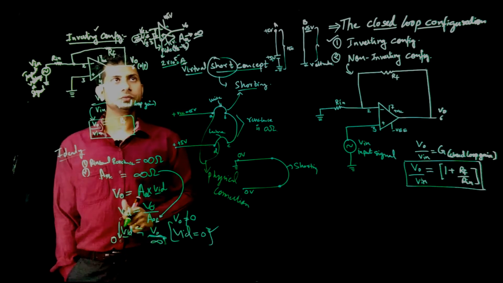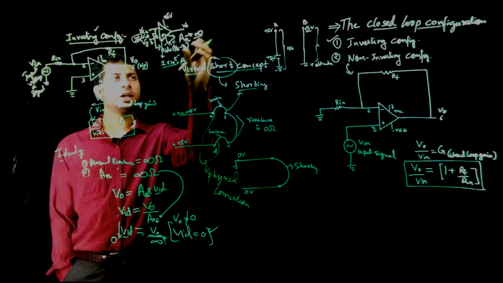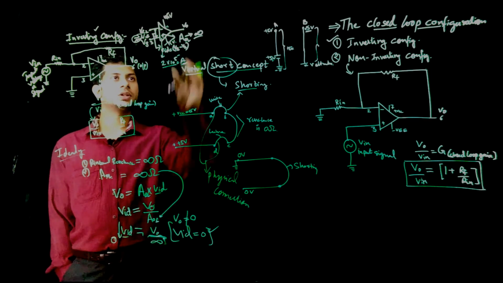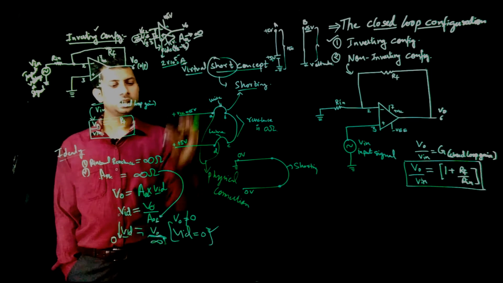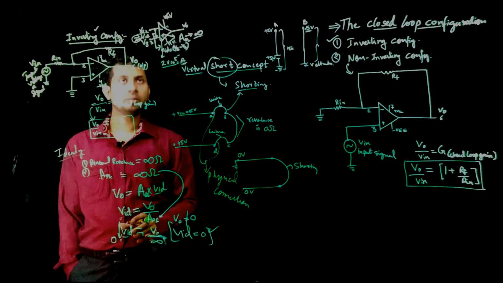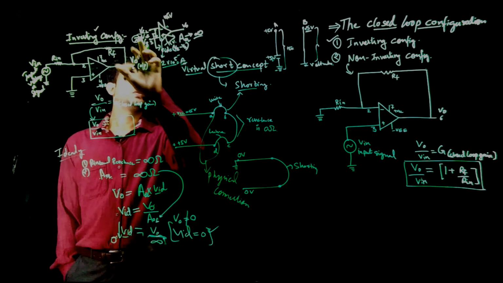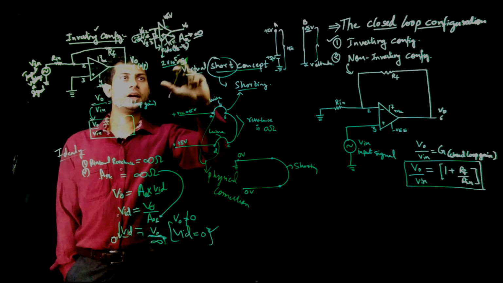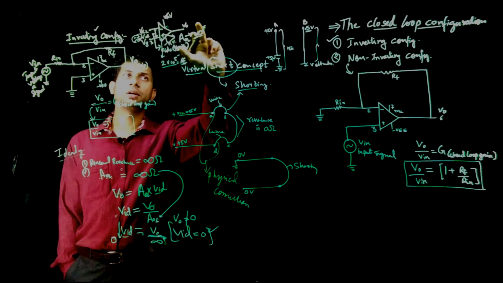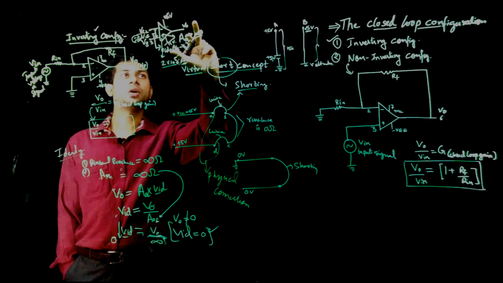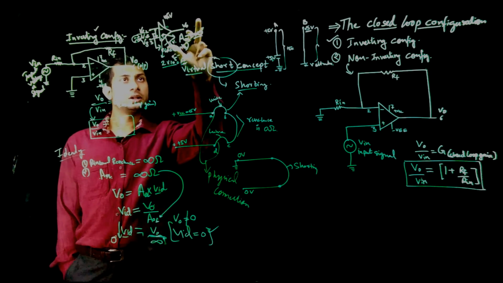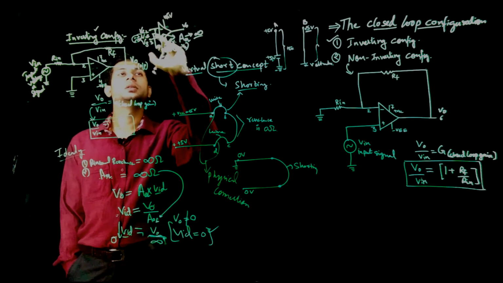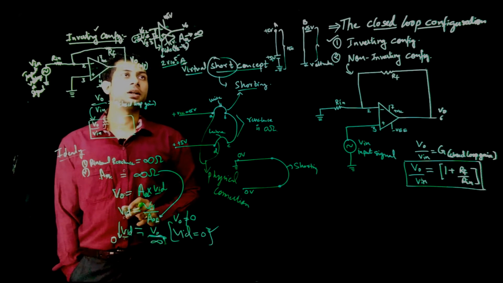Okay, this is practically, but we are taking help of our ideal value of this gain for understanding the virtual short concept. Now if there is a very small voltage, the voltage at the output will not be 0 till these two plus minus 15 volt get disconnected.